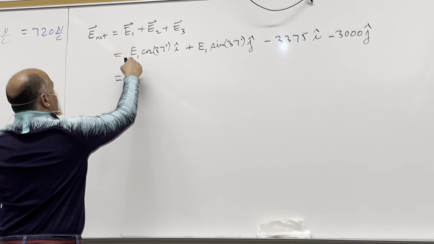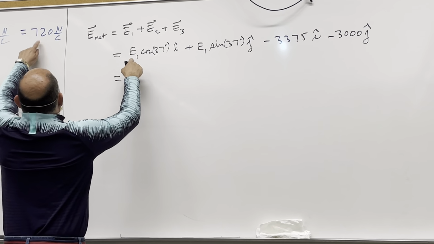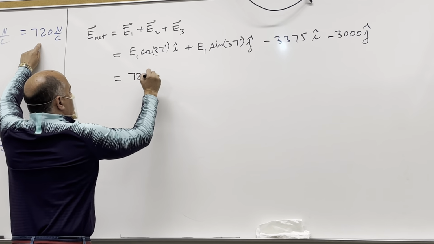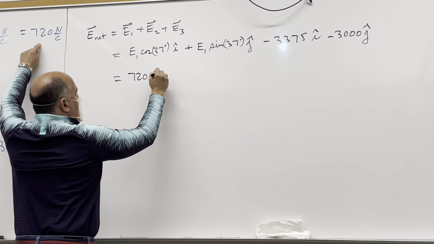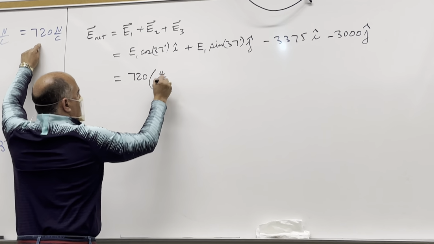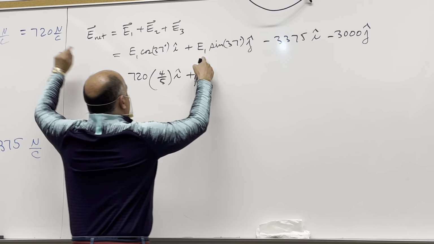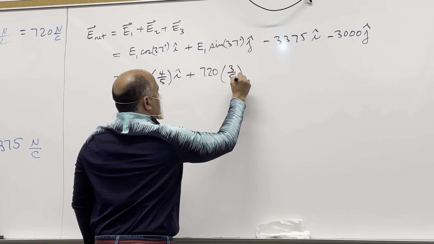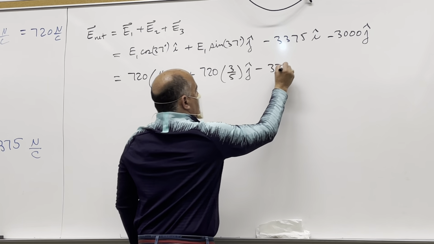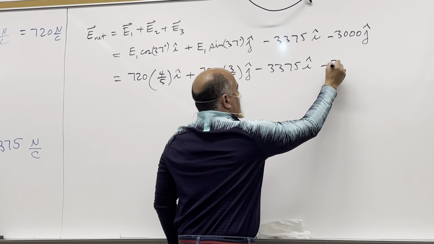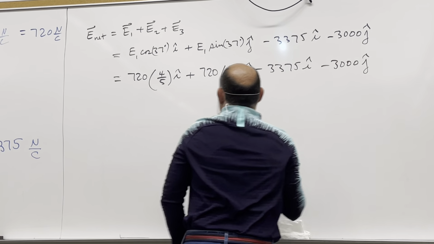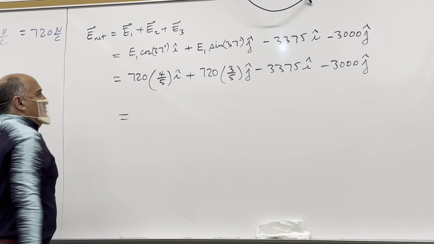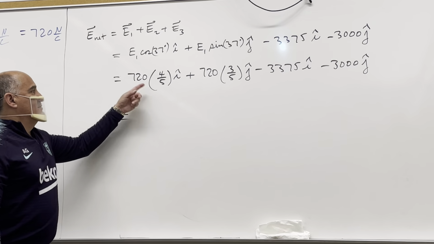So E1 is 720. Cosine of 37 degrees is 4/5, sine of 37 degrees is 3/5. Minus 3375 I hat minus 3000 J hat. So, my goodness, it's 576.